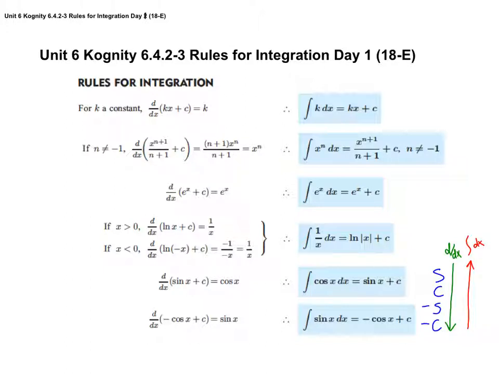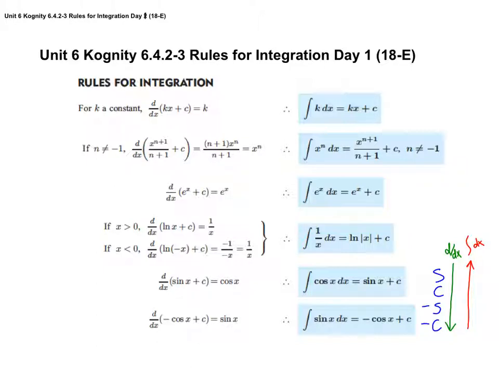Since when I take the derivative, I multiply by the exponent and subtract 1 from the exponent, here, when I integrate, I add 1 to the exponent and divide by the new exponent. Okay, there's an opposite or inverse idea here.